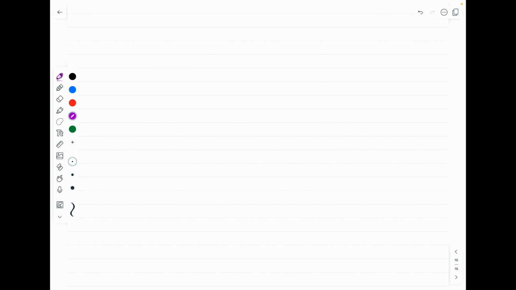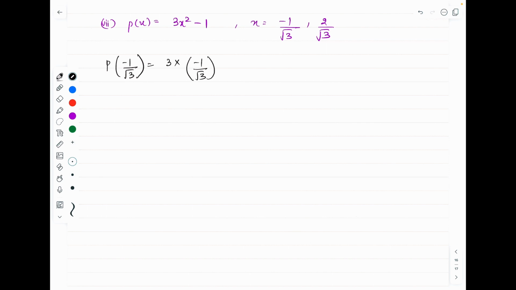Then the seventh bit is P of x equals 3x square minus 1. And for what values do you have to check? x equals minus 1 by root 3 and 2 by root 3 we have to check. So first we check for minus 1 by root 3. P of minus 1 by root 3 is 3 into minus 1 by root 3 squared, minus 1.